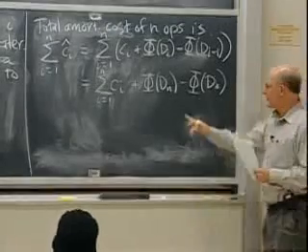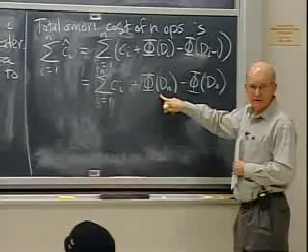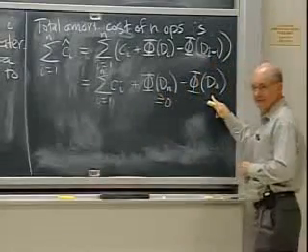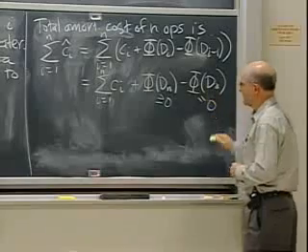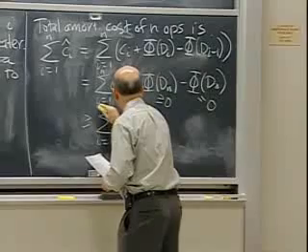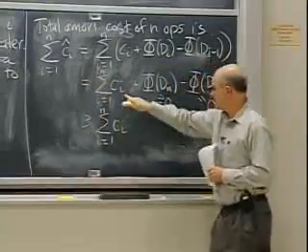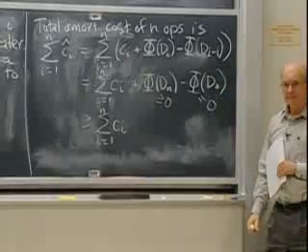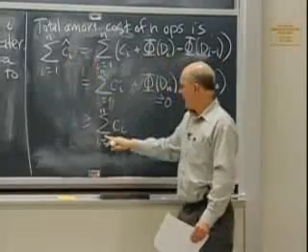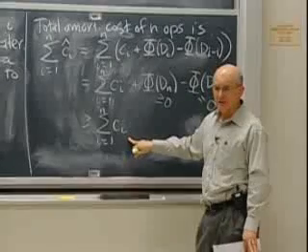What property do we know of this? It's greater than or equal to 0. And this one equals 0. So therefore, this is greater than or equal to the sum of ci. And thus, the amortized costs are an upper bound on the true costs, which is what we want. The sum of the amortized costs is an upper bound on the sum of the true costs.